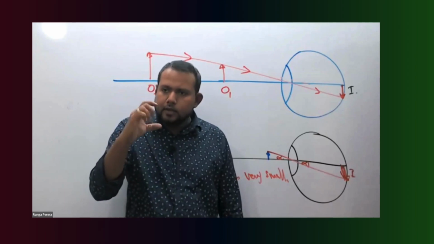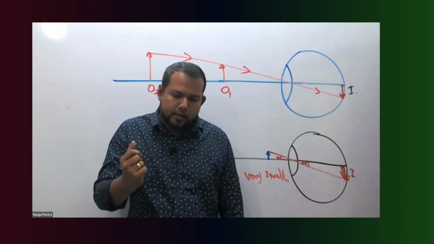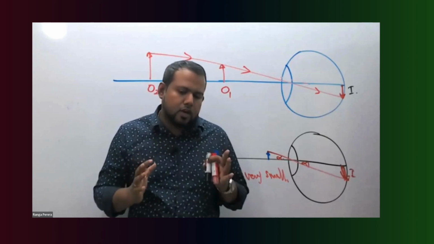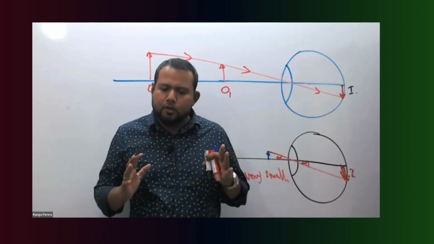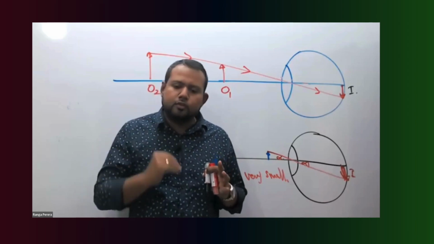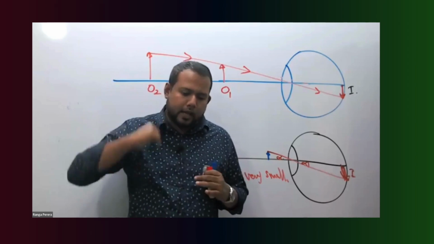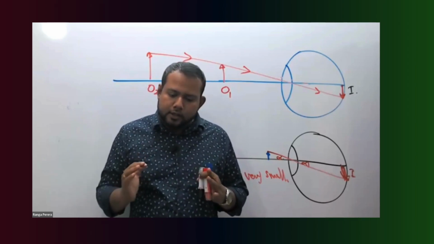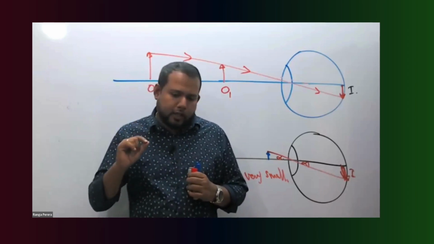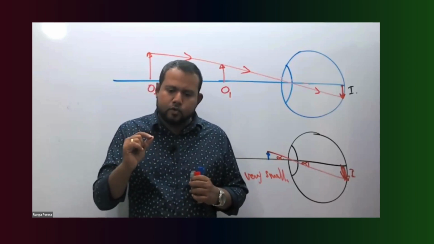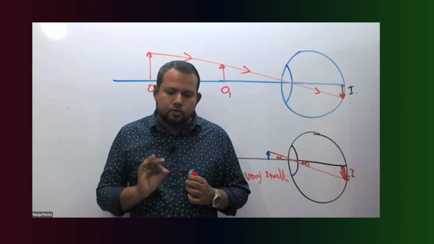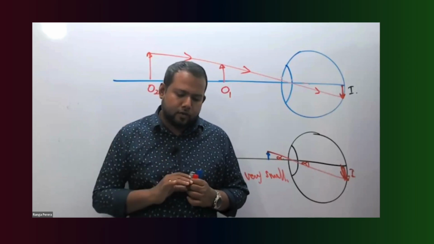You can develop a clear image on your eye. Therefore, you can see the clear objects. The main function of an optical instrument is to improve, to increase the visual angles. There are mainly two types: one is the microscope, the other one is the telescope. So today we will start to discuss the microscope and telescope.